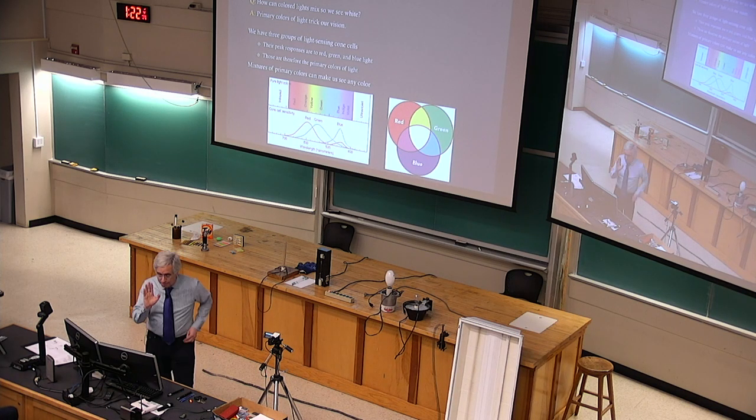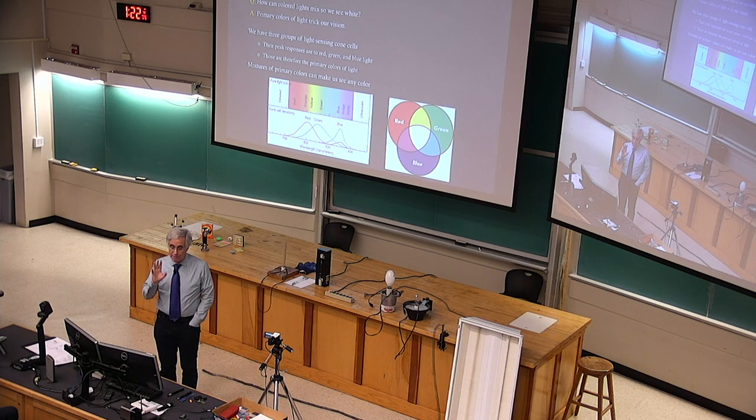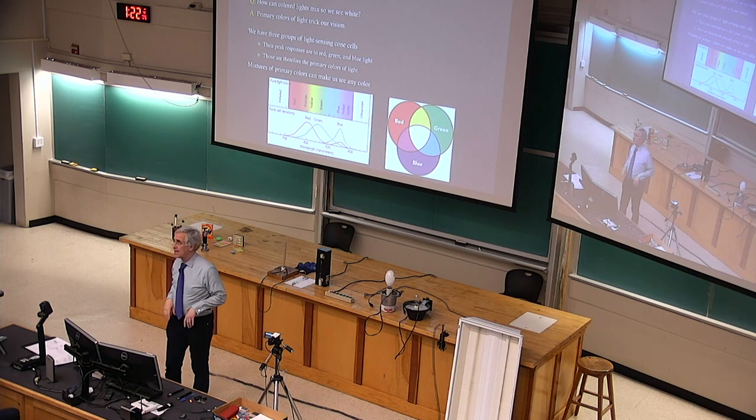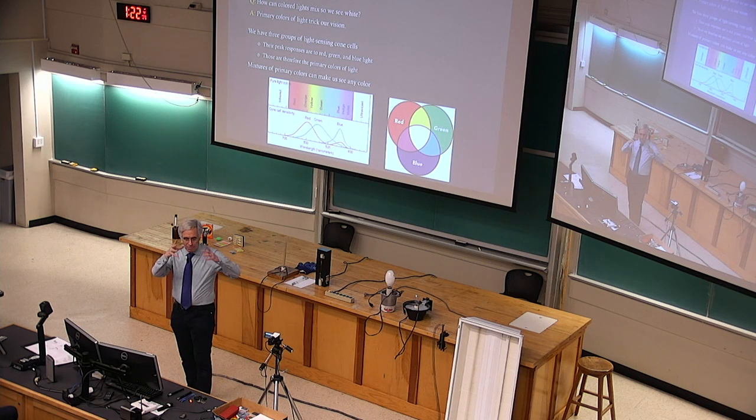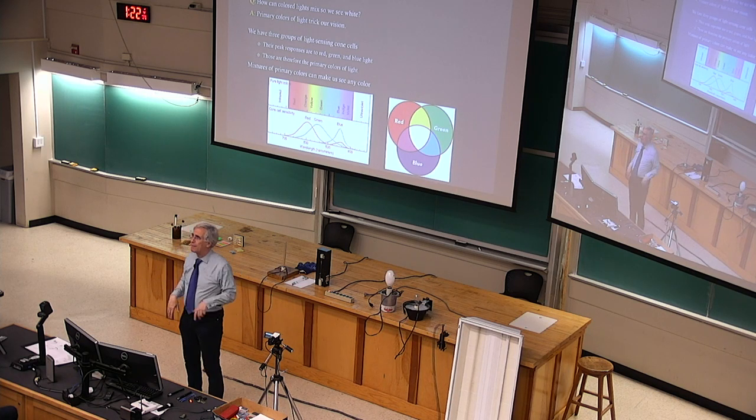So the point of this is that if you're going to start assembling light, particularly if you want to assemble white light, you need to understand how the eyes work, because you want to expose the scene to light that contains some red, some green, and some blue in essentially the proper balance.